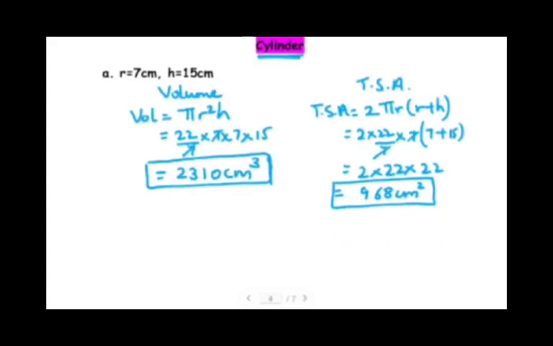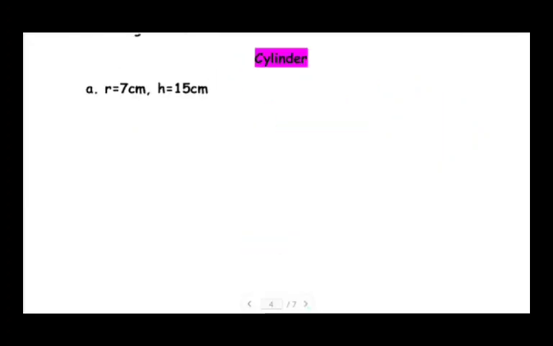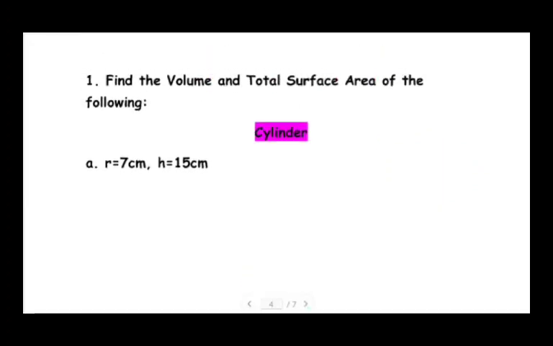Okay, let's start with the first. Our sum says, whatever measurement is given for a cylinder, find the volume and total surface area of the following. A cylinder.